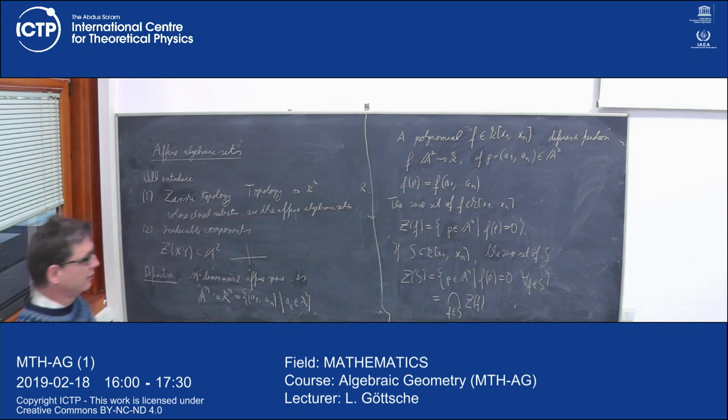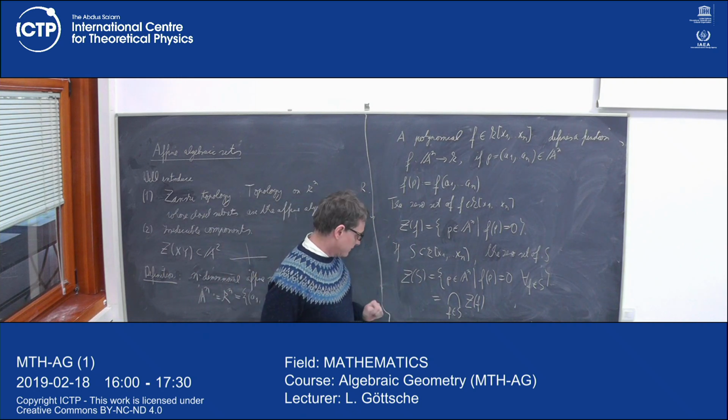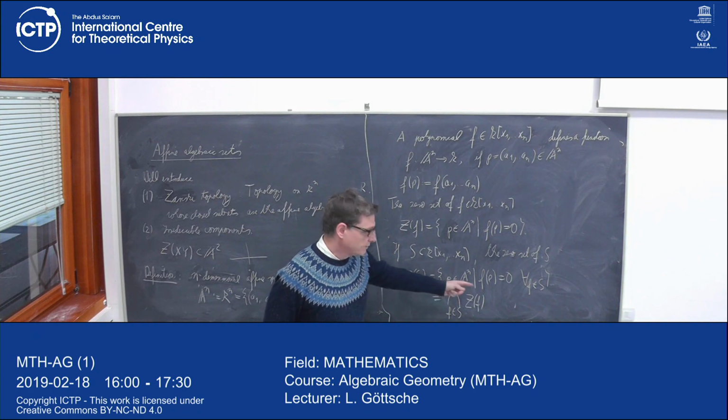Okay, so this is the zero set of a set of polynomials, and an affine algebraic set is just any subset of A^n of this form.